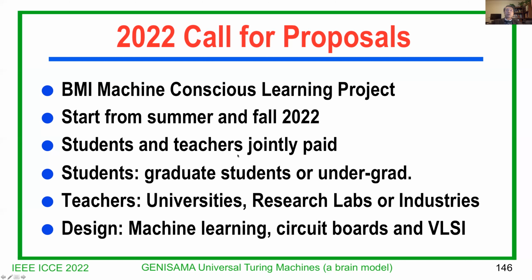And the student and teacher are jointly paid if they are supported and admitted. Students include grad students or undergrads, and teachers include university faculty members, research lab researchers, or industry product developers. Those interested in designing machine learning algorithms, circuit boards, and VLSI are encouraged to apply.